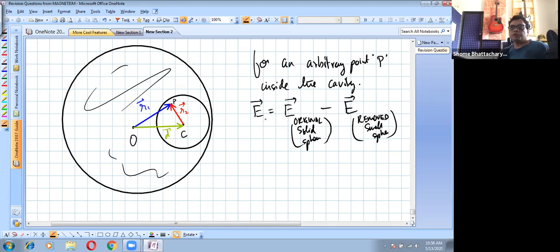Or, you could think of superposition. The net field is now this much. If I add the smaller mass over here, I'd get the field because of the original solid sphere, which is this. Okay?